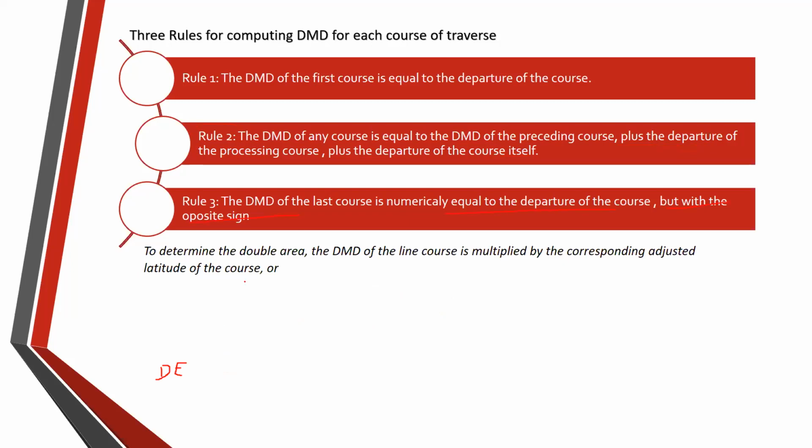So if, for example, the departure of DE is 60, the DMD we should get here is also 60 but in reverse sign, so negative 60. And if you got this right, or you checked that they match, it means your use of rule number 1 and rule number 2 was correct.